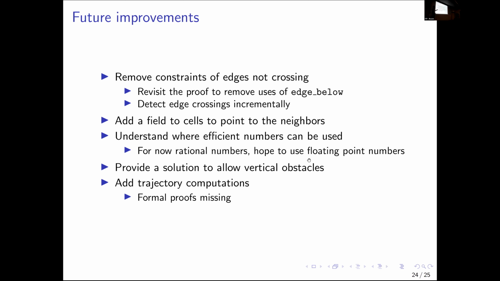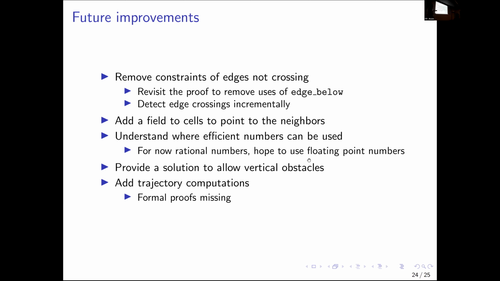And for the vertical obstacles, I have a solution which is quite easy to implement: whenever you create a door, if you think that this door corresponds to a vertical obstacle, you just remove that among the possible paths. Because each door is going to be an edge in a graph, you can just remove these edges, and that will implement the fact that you are not allowed to go through.